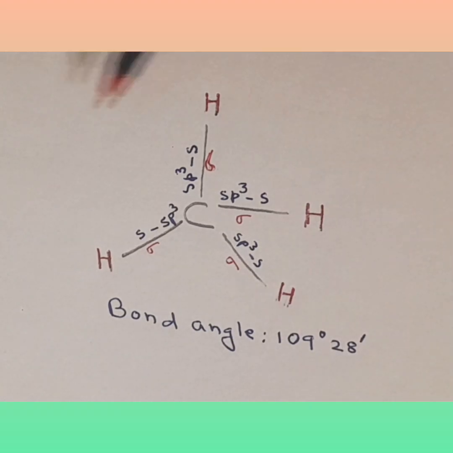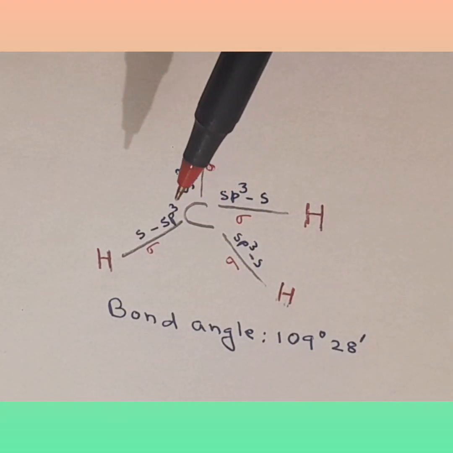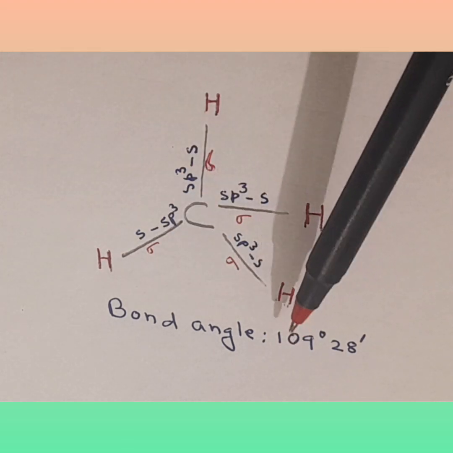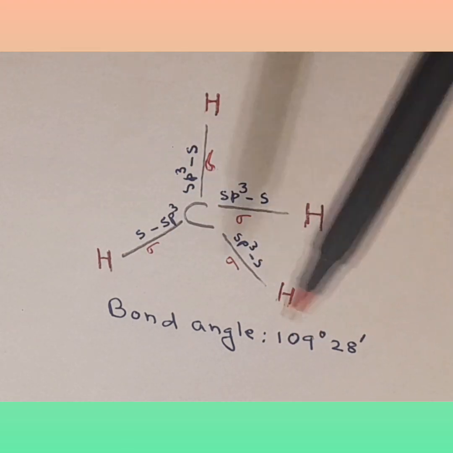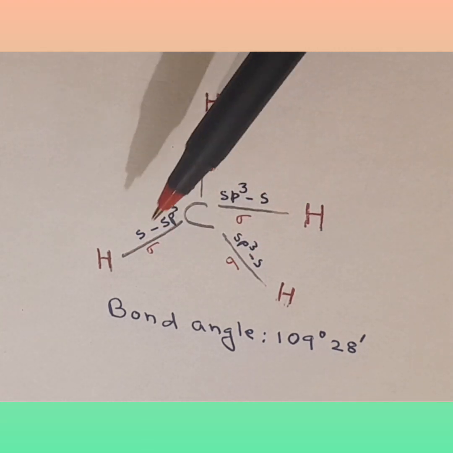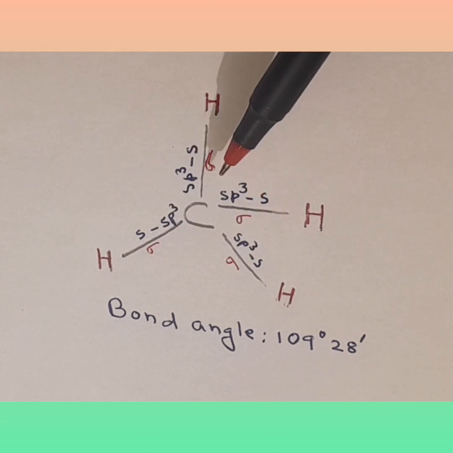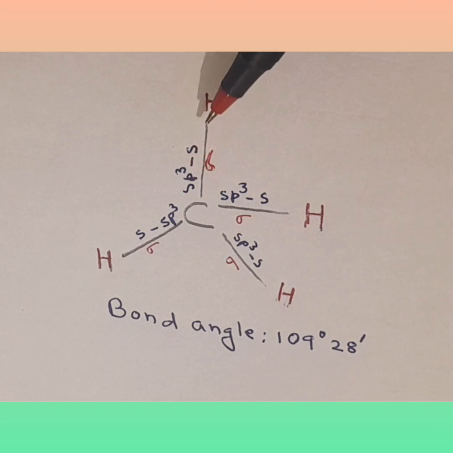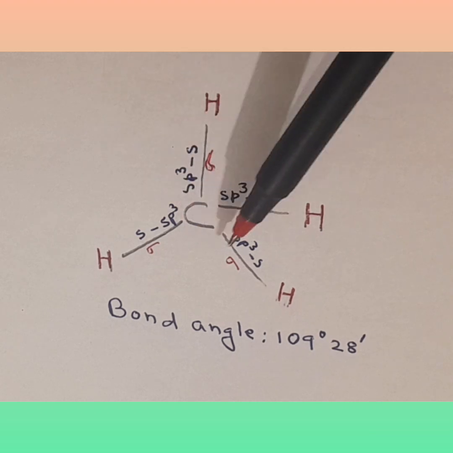So here comes the final result of sp3 hybridization. We have a tetrahedral structure, bond angle 109 degree 28 minutes, and the bonds are sigma bonds, 4 sigma bonds, and all 4 sigma bonds are identical, and the type of bond is sp3-s, s of hydrogen and sp3 of carbon.